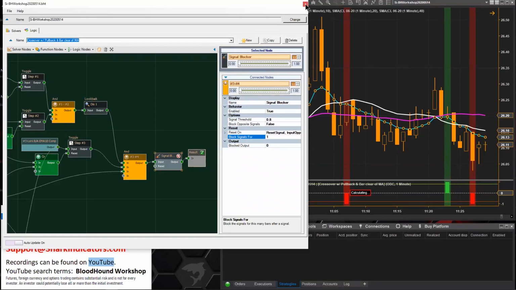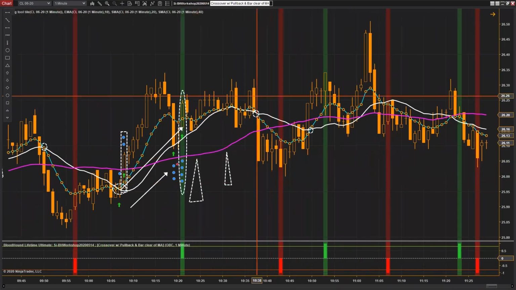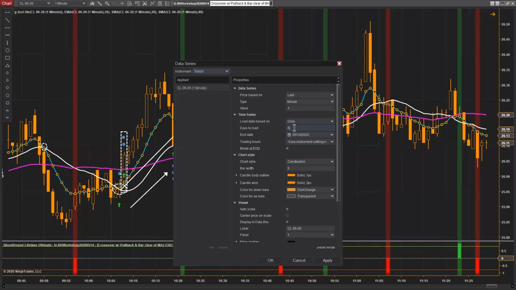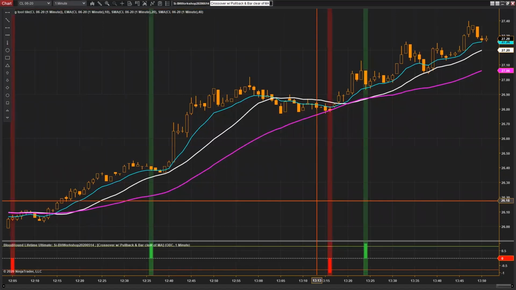Okay. Oh, let's see how many days of data I have here. Let's shorten this down a little bit. All right. Well, I'm on a much slower computer, so yeah, it's going to take a little bit longer to calculate stuff. All right, there we go.